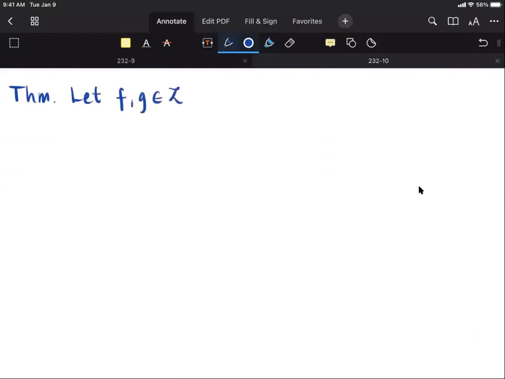So take two integrable functions, f and g, and two scalars, alpha, beta, either real or complex.